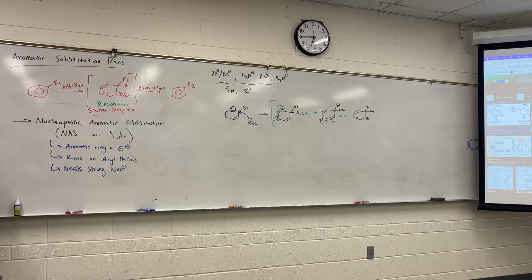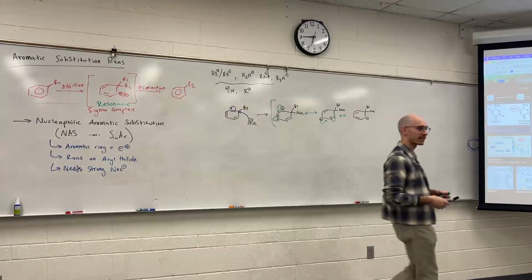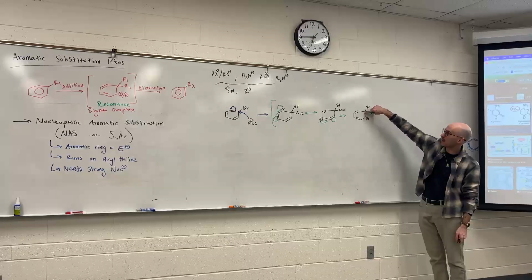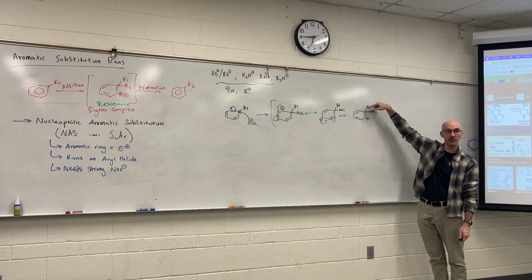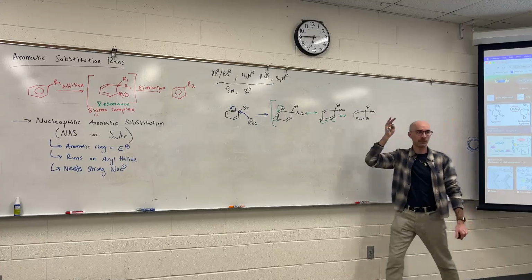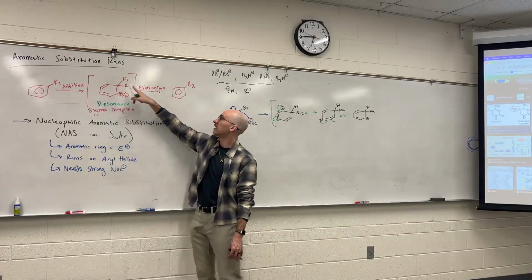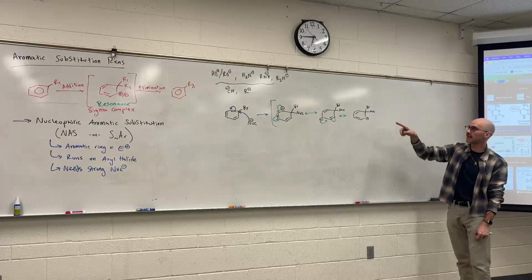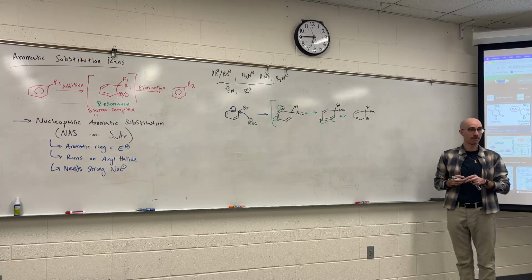So a desirable thing from an energetic standpoint, reform aromaticity. That means I need to get another pi bond right here. And to get a pi bond here, I'm going to have to kick off one of these two groups. Okay, we also haven't done substitution yet. I started with R1. I need to get rid of R1. In this case, we're saying R1 is bromine.